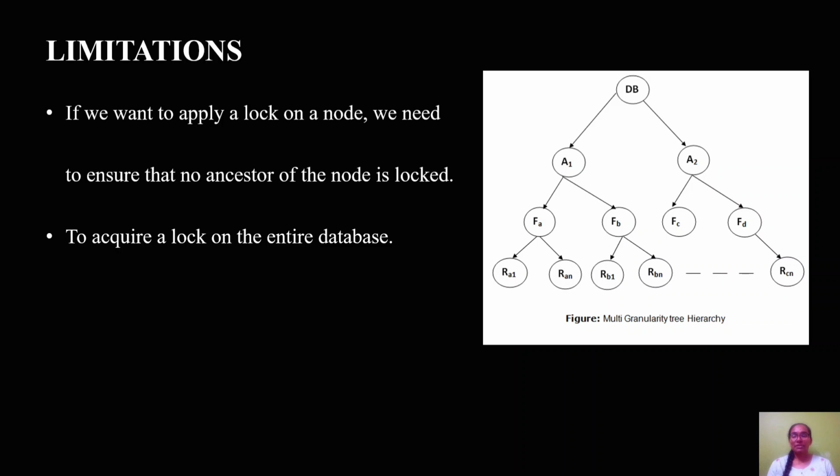There are two problems in this approach, that is, the limitations. If we want to apply a lock on a node, we have to ensure that no ancestor of the node is locked. That is, if we have to lock any of the child nodes here, from the records, files, or area, for example, if we are considering locking this file FA, we have to check that the area is not locked as well as the database should not be locked.